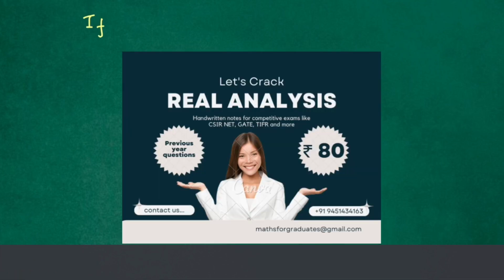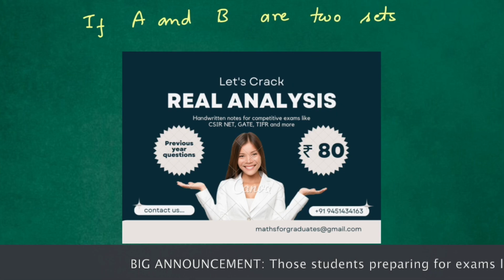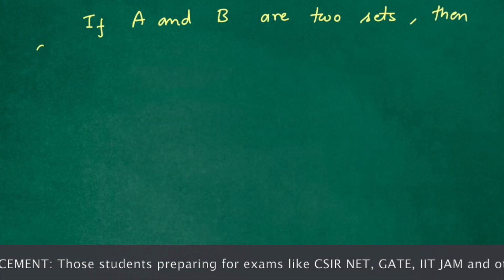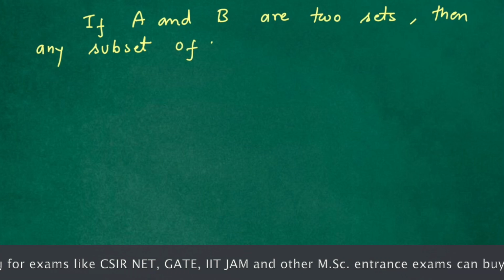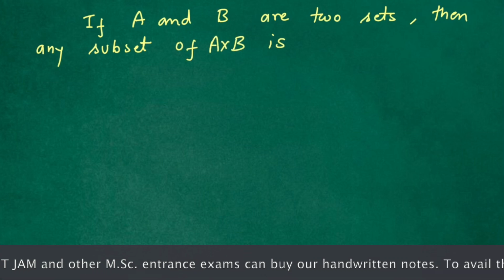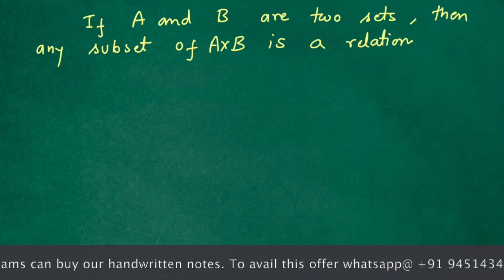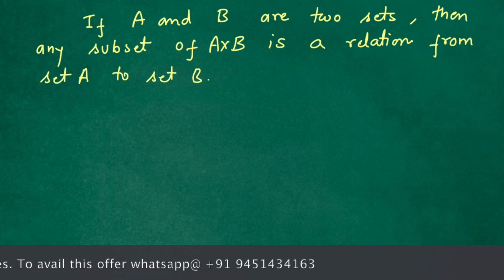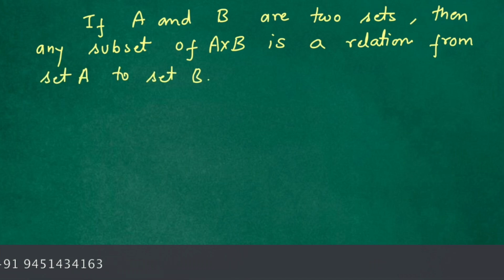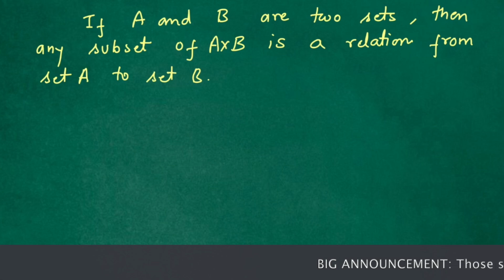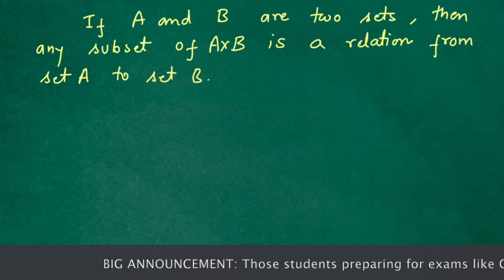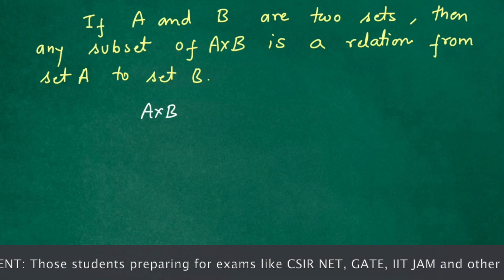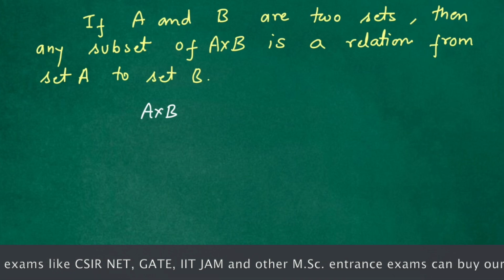So we can say that if A and B are two sets, then any subset of A cross B is a relation from set A to set B. That means any relation from set A to set B is always a subset of the Cartesian product of A and B. And this A cross B is also said to be the universal relation from set A to set B.